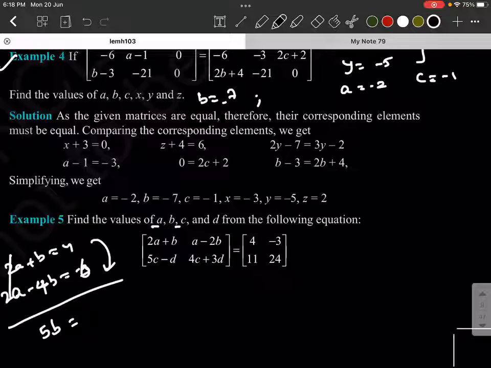So 5b is equal to 10, so b will be equal to 2. Sorry, I made a mistake. So when b is 2, 2a will be equal to 2, a will be equal to 1. Correct?